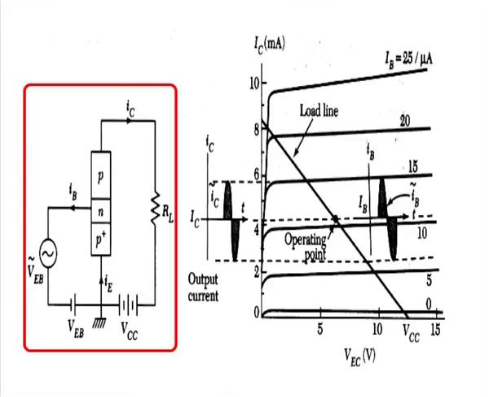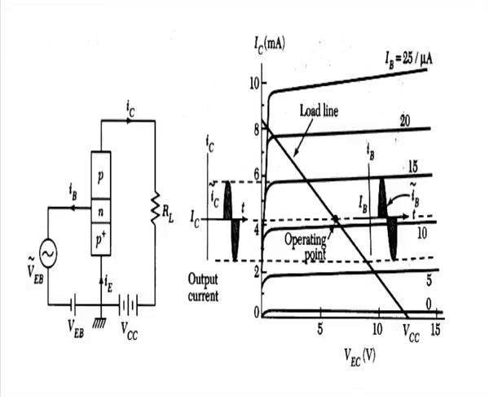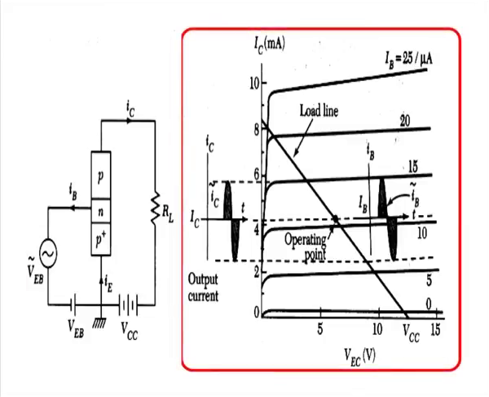In the right hand side figure you can see the IV diagram, output current versus voltage. We have connected an AC voltage source between emitter and base, and we are making a small change. In one half cycle the voltage is positive, in the other half cycle it is negative, so our base current is also changing.